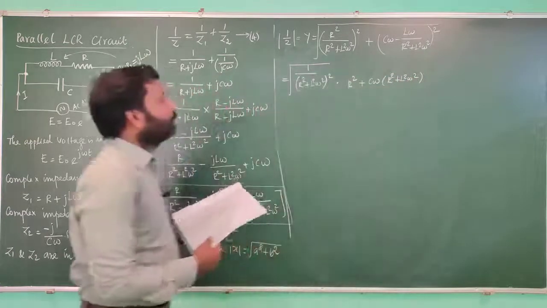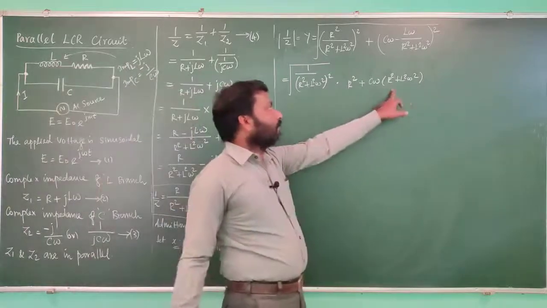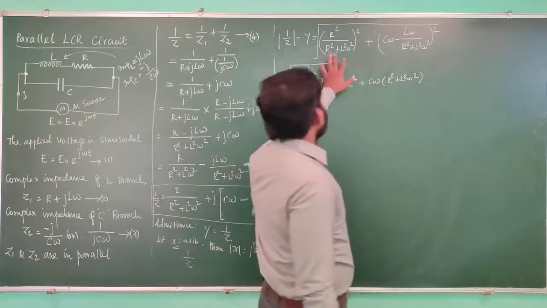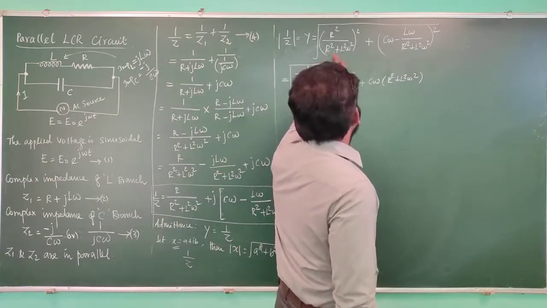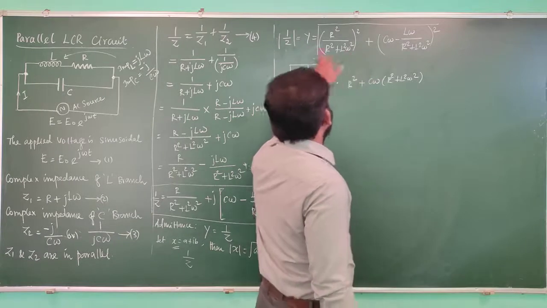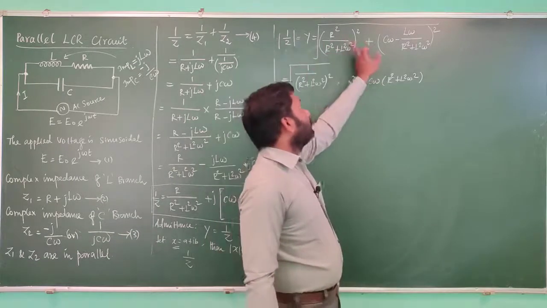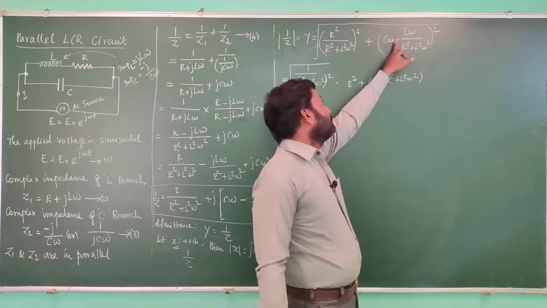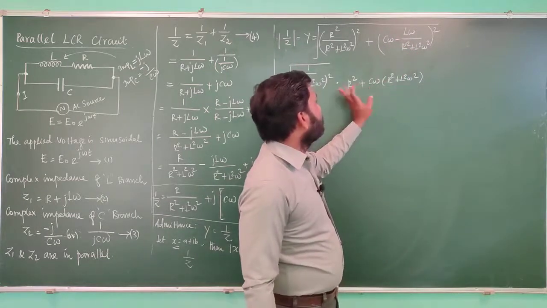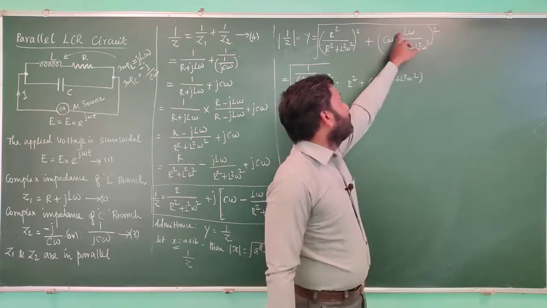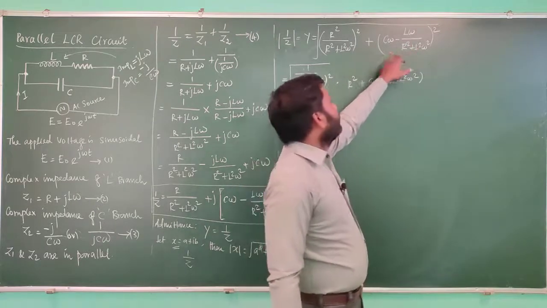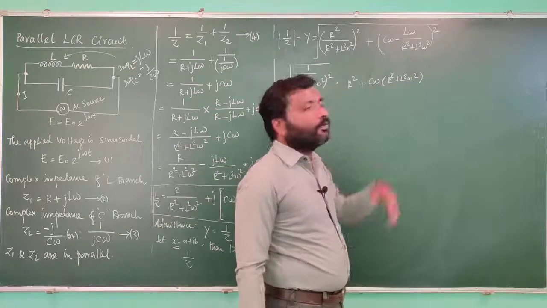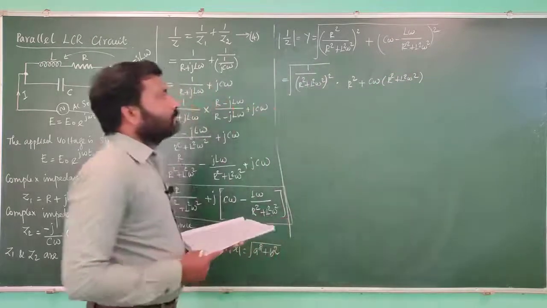Why is R square plus L square omega square multiplied with C omega here? Because if you want to take this denominator R square plus L square omega square out as common, all the terms should have it, but C omega doesn't. So you have to multiply C omega with R square plus L square omega square at numerator and denominator. Then you can take the whole denominator out. So the numerator will have C omega multiplied by R square plus L square omega square.